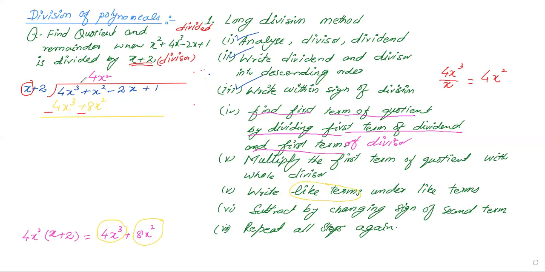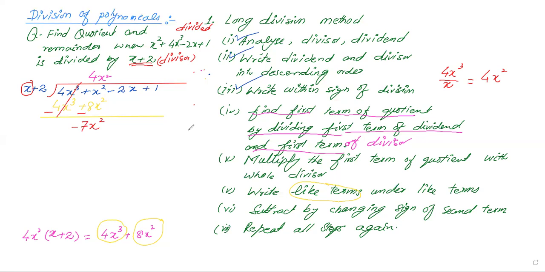The first term will always cancel out, with the same coefficients and opposite signs. So the first term always cancels out. Then plus x squared minus 8x squared becomes minus 7x squared. Remember that you have to consider the new signs of the second term.